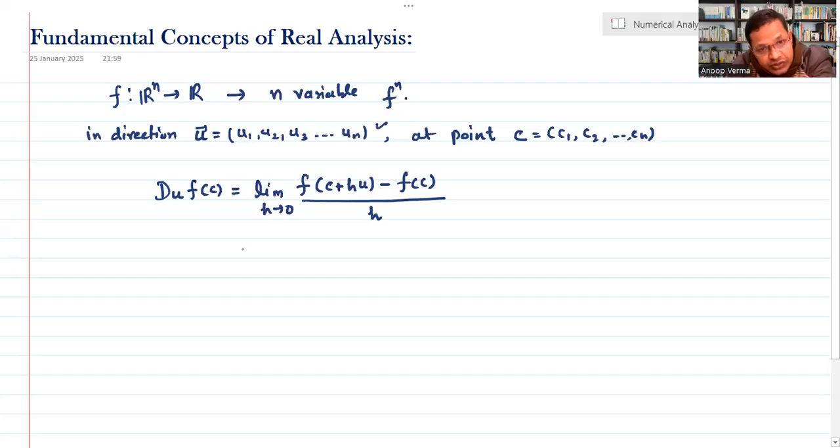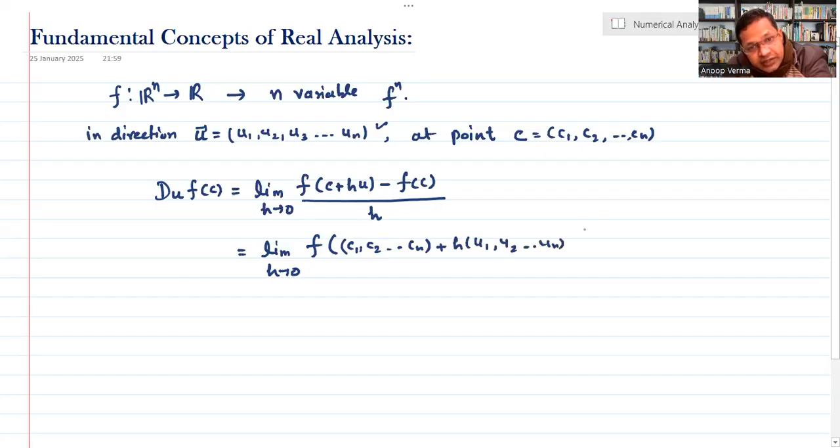You can also write this in another form: limit h tending to 0 of f(c1, c2, up to cn, plus h times u1, u2, up to un) minus f(c), divided by h.